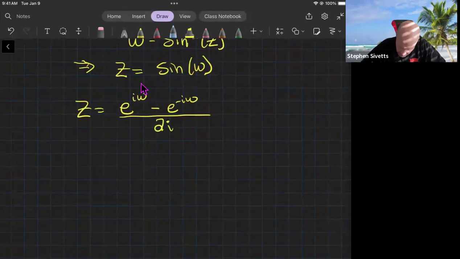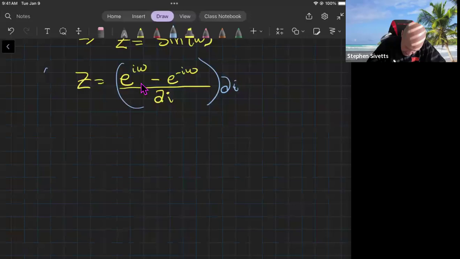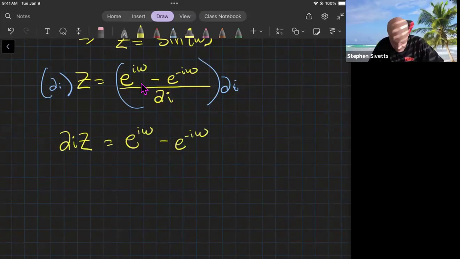And then we're going to come up with a polynomial in terms of e to the iw. So if we multiply both sides by 2i, we'll have 2iz is equal to e to the iw minus e to the minus iw.